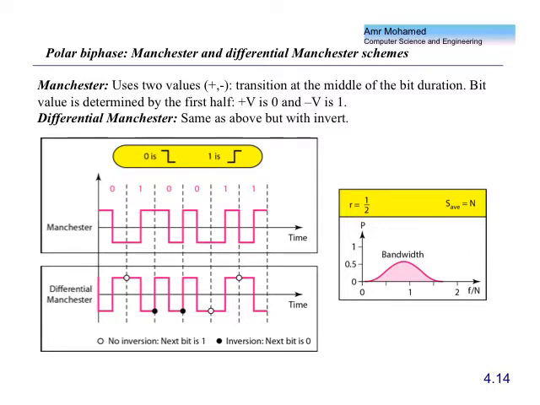Which means you are using the same digital signal, and you are inverting the phase of this signal for the case of 1. So for the case of 0, the signal goes from positive and then negative. For the case of 1, it goes from negative and then positive. So it's the same signal, but the phase is 180 degrees.